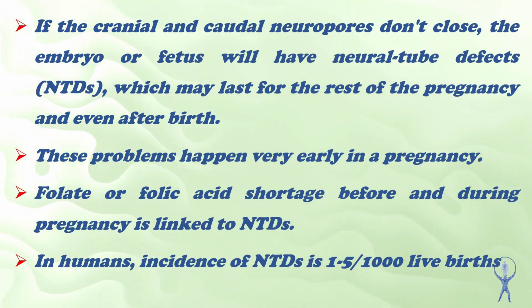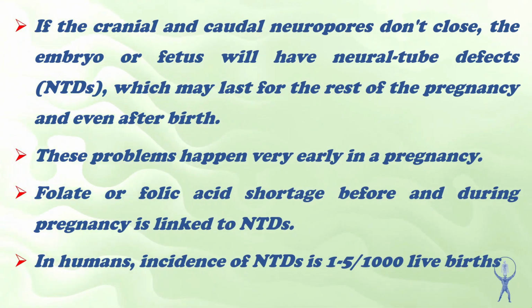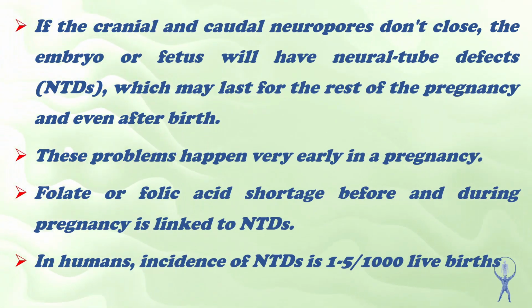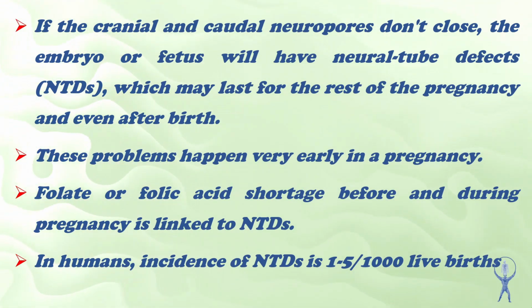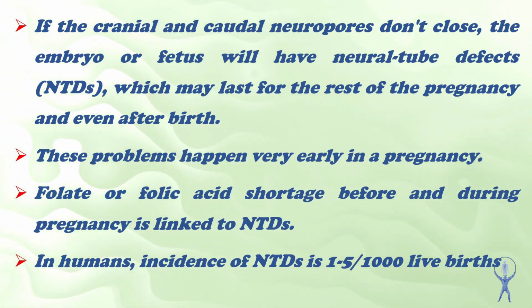Further, what happens? If the cranial and caudal neuropores don't close, the embryo or fetus will have neural tube defects, that is, NTDs, which may last for the rest of the pregnancy, and even after birth. These problems happen very early in a pregnancy. Folate or folic acid shortage before and during pregnancy is linked to NTDs.